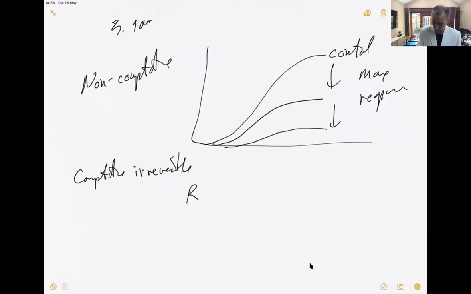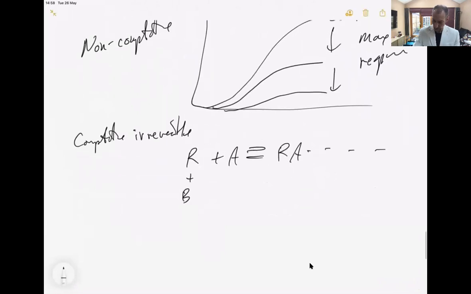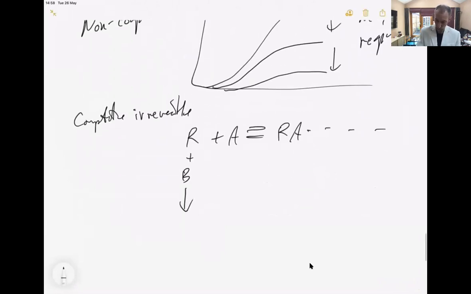So we'd have R plus, well, I'll do it the other way. Or actually, I can do it this way. I won't bother with all that stuff. You should be used to it. Let's be this. Notice this is one way. The arrow is just going one way. We form a covalent bond.